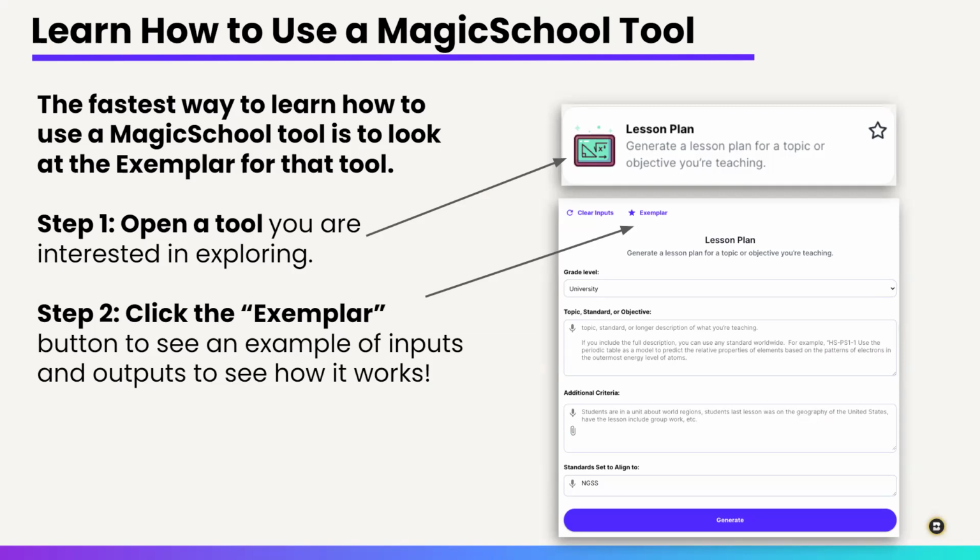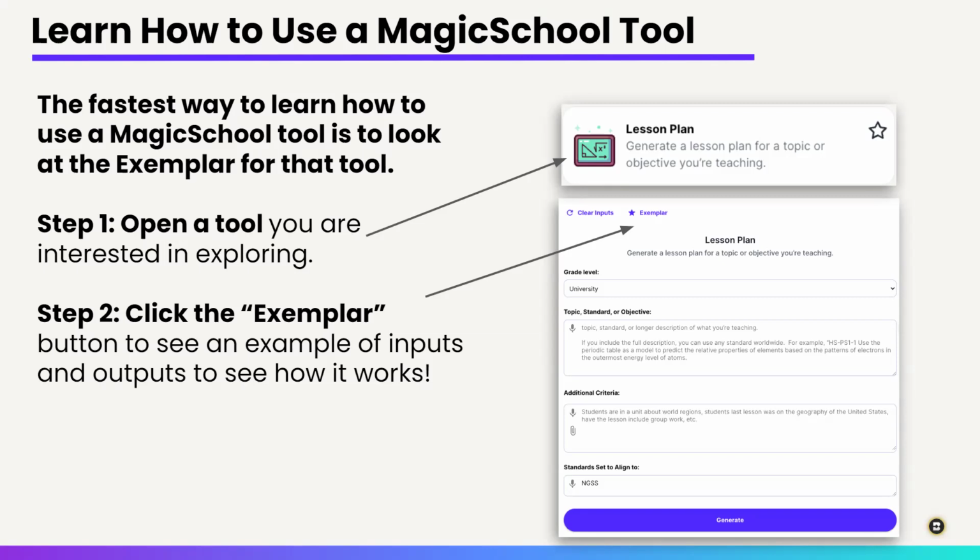When you open this up, this is all you have to type in. Now, they give you samples there. You can see on the screen, you put in your grade level. You can type in the topic, standard, lesson objective that you have, and anything else that you want to add. Again, this is the point where the more detail and criteria you can put in, the better the result you're going to get.